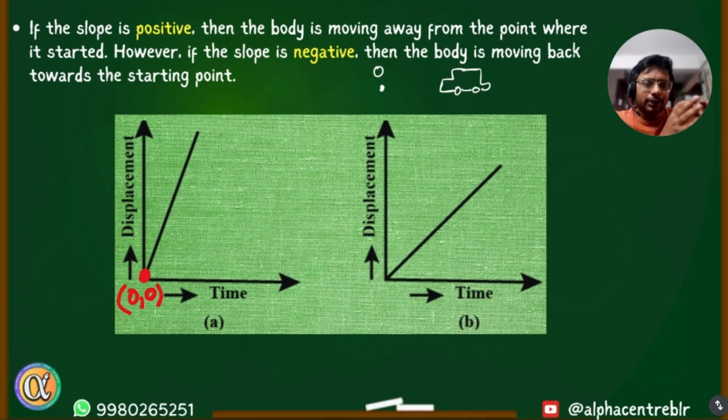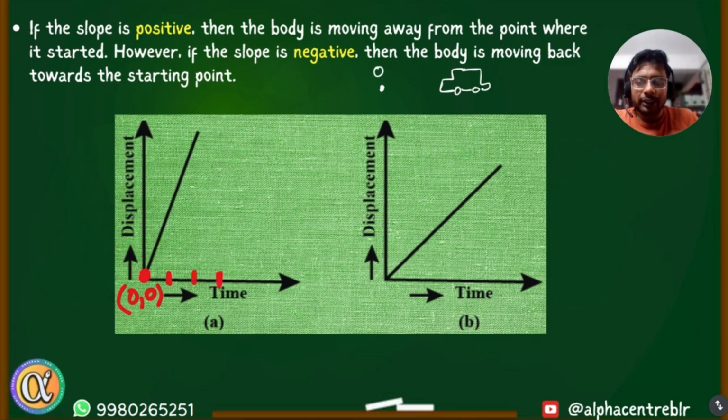Now Sneha, just look at the graph and just logically, no rules, no formulas, nothing. My next question to you is, as time is increasing, from the displacement time graph, what can you tell about the displacement? Is it increasing or decreasing? Increasing. This is 1 second, 2 second, 3 second.